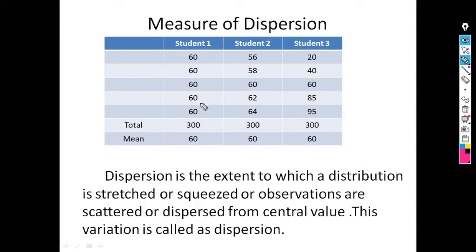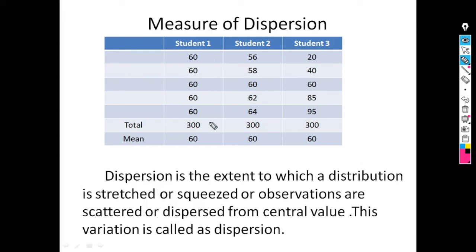But if we see their marks, for student 1 all marks are identical, meaning the values are not scattered. The marks for the second student are all different but are not scattered very much, whereas for the third student the marks are very widely scattered.